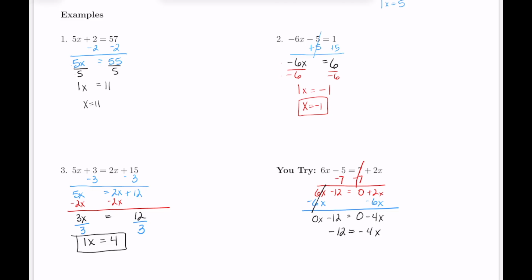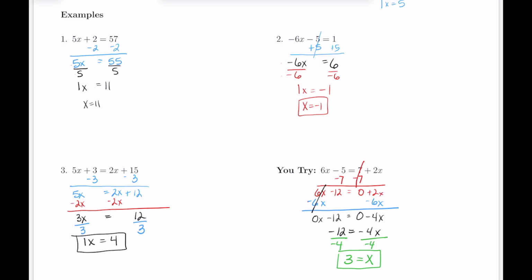And then we'll divide both sides by negative 4. Now, if you did it the first way I had it, you should have still gotten x equals 3, and this time I have 3 equals x. That's the same thing. So if you have 3 equals x, or if you have x equals 3, it doesn't really matter. That's the same.